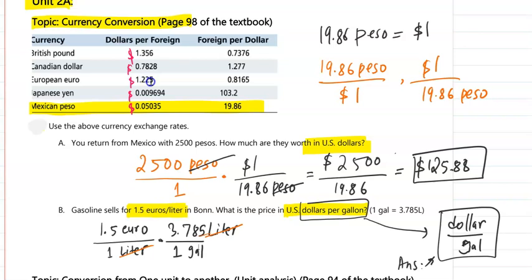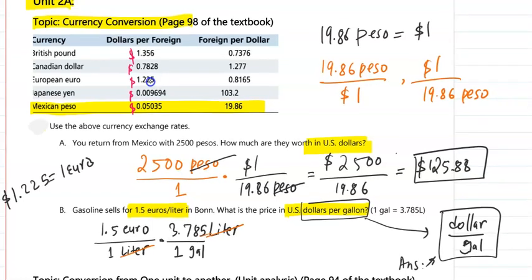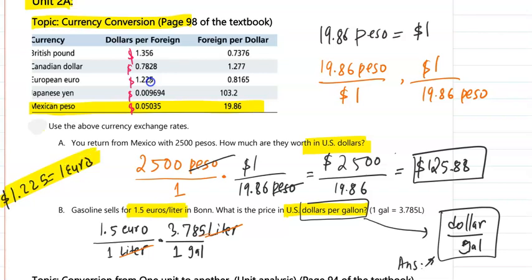Let me write the equation here: 1.225 dollar equals 1 euro, because of this table. You see that? This is dollar per foreign. In other words, 1.225 dollar equals 1 euro. Now I'm going to put the other fraction here.